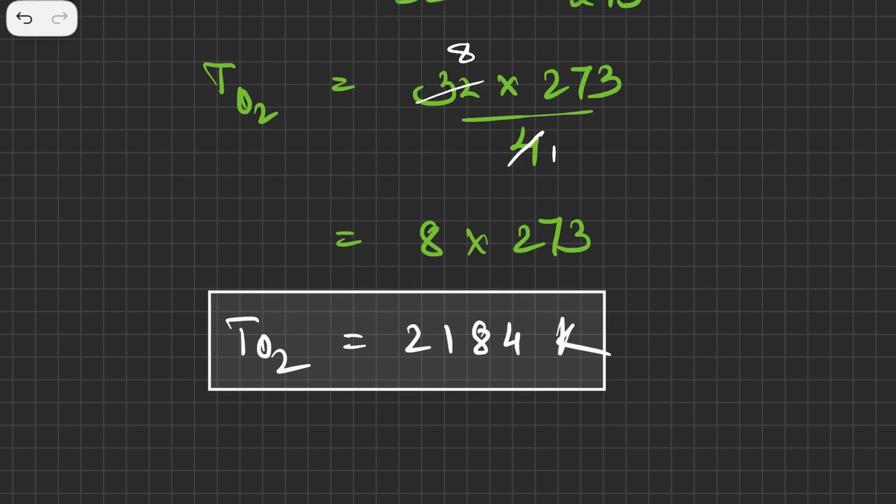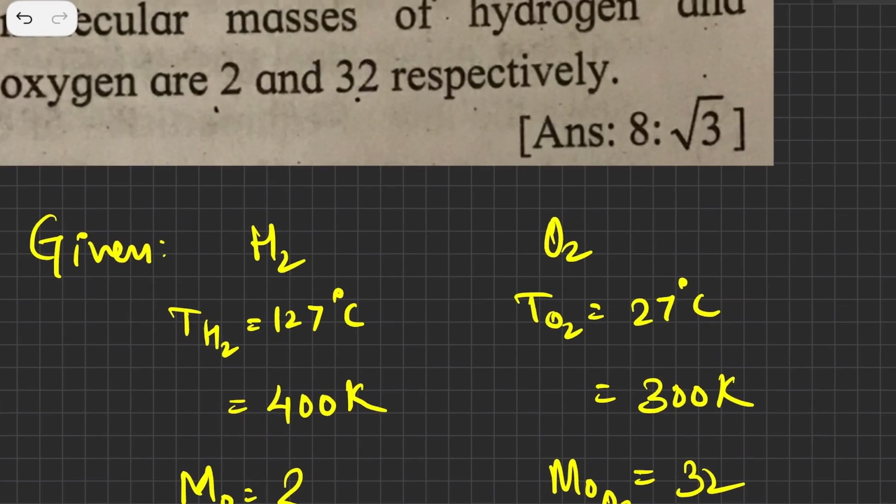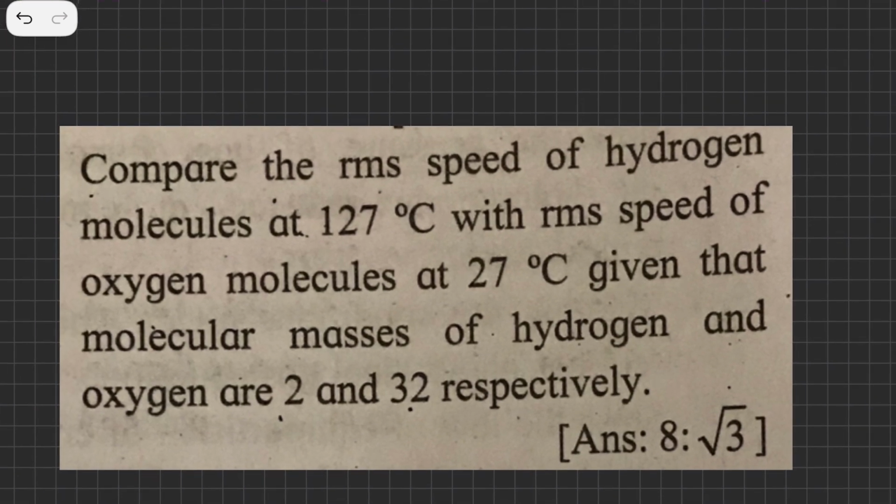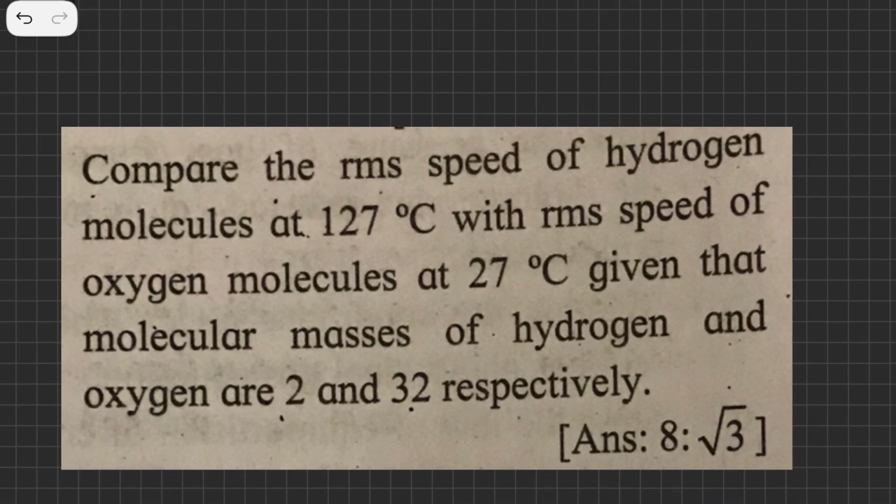So this marks the end of our second question of the day, and now we are going on to the third. Now in the third question, if you just pause the video and go through the entire question, you will find out you are given two gases, again hydrogen and oxygen, and hydrogen is at 127 degrees Celsius.